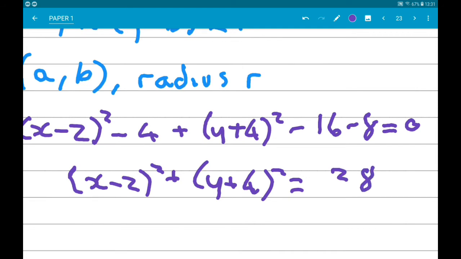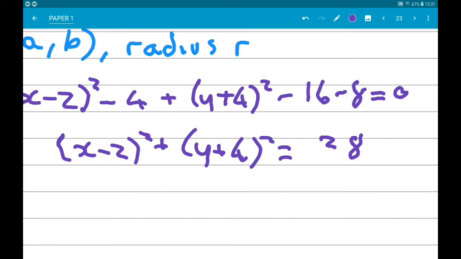So the centre is (2, minus 4) and the radius is root 28, which we can say is 2 root 7.